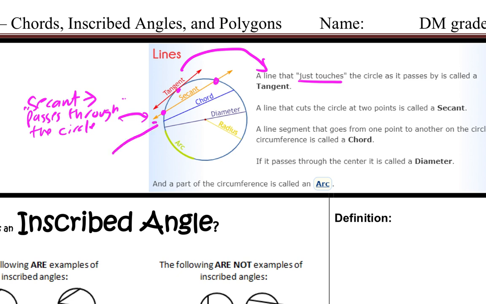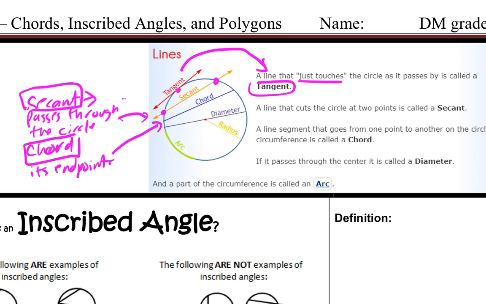And now we're going to talk about a chord. The difference between that and a secant is that a chord has its endpoints on the circle.